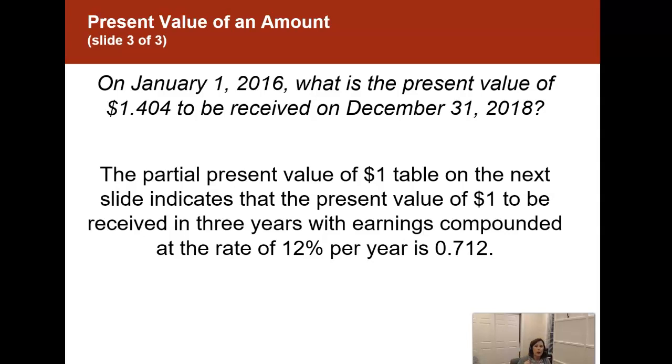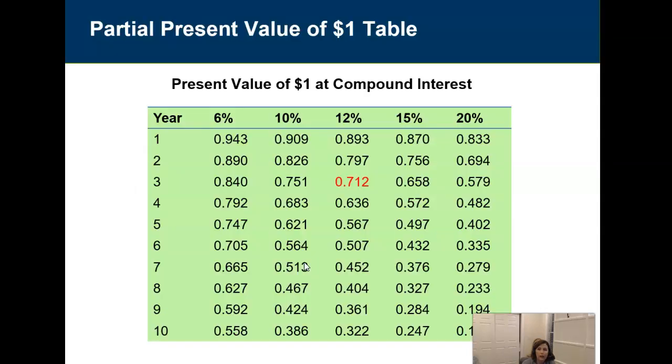And the way that we're going to do that, and you can use financial calculators to do this, you can use Excel to do this, or you can use a present value table, which is what we're going to do now. So what the figures I'm about to show you will represent is the present value of $1. And so we want to look at the time period and the interest rate. So we've got 12% interest at 3 years.